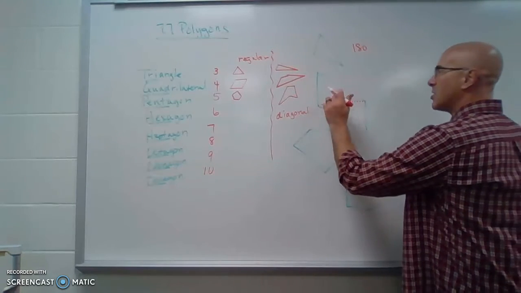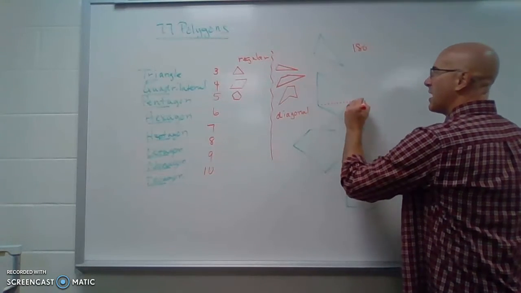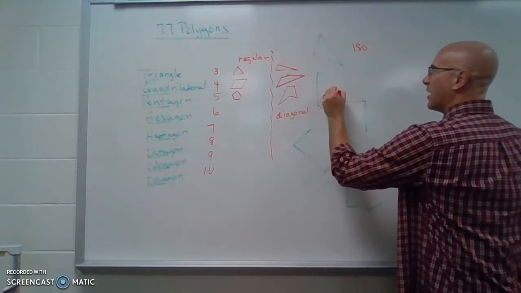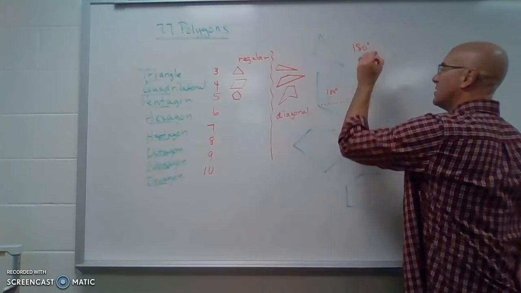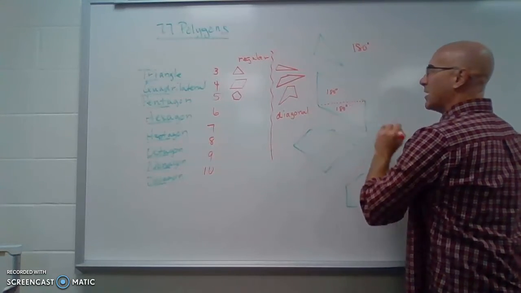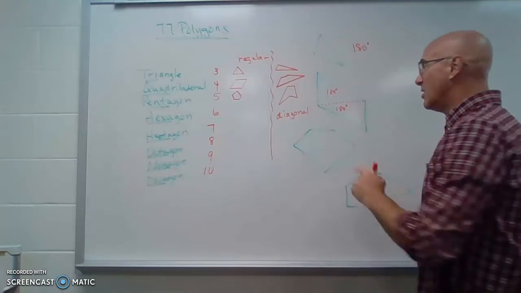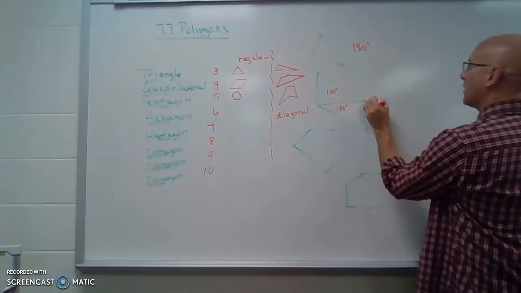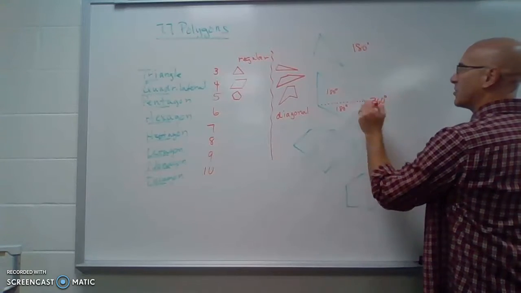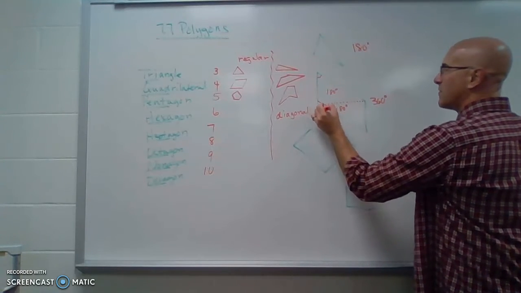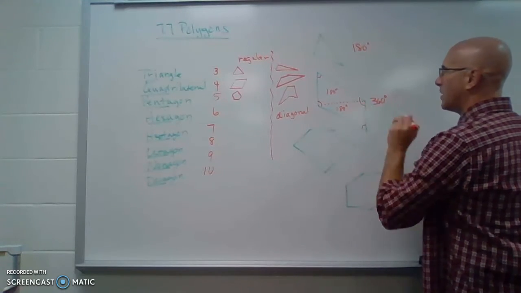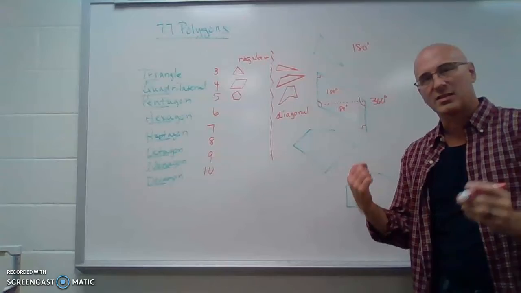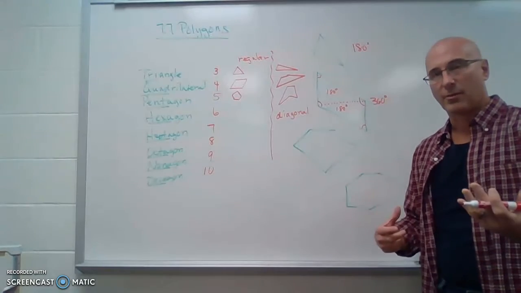So we know that the sum of the measures of the angles of this triangle is 180 degrees, and it is 180 degrees here. So if I added all of these up, I get 360 degrees. So I just found the sum of the measures of the angles inside that quadrilateral.